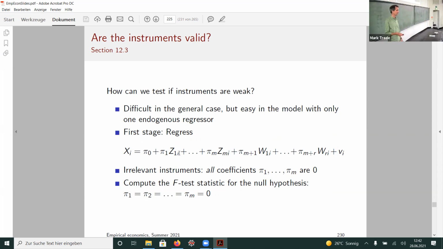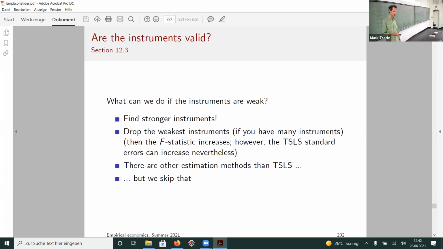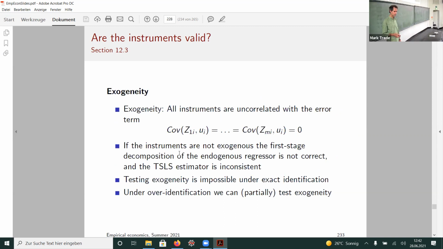So in that case, the instruments, of course, won't work. So in that case, the decomposition of the X into the good and the evil component won't work, or at least it won't work correctly. And therefore, the estimation gets inconsistent in that case.